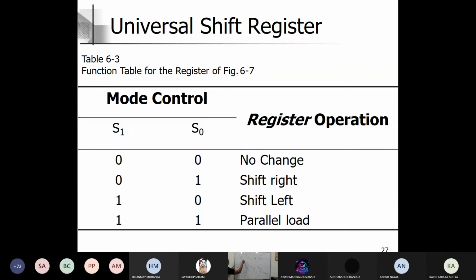Whatever old one is there, it has to go to the next, and that one has to go to the next. I don't have anything beyond. Now 1, 1, unchanged. That means all the threes will be selected. Whatever is there, it has to be retained.